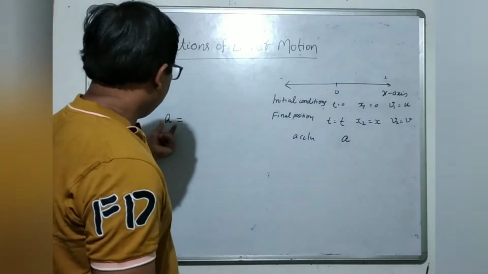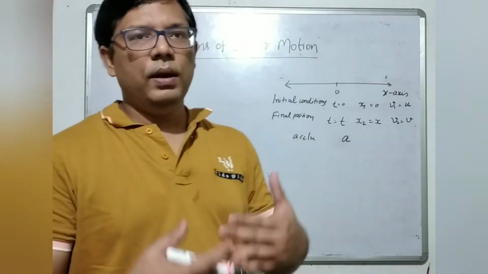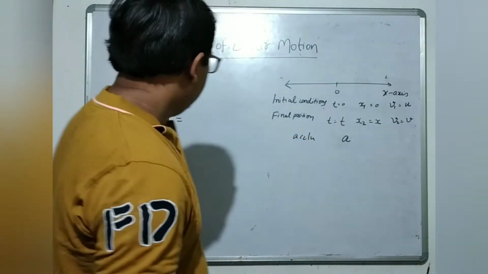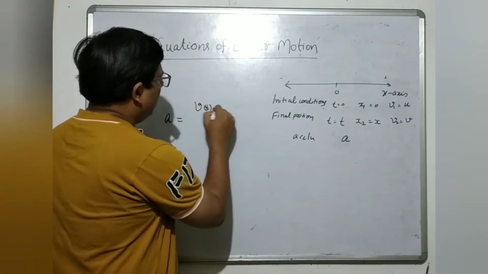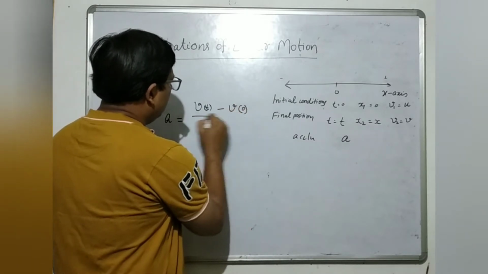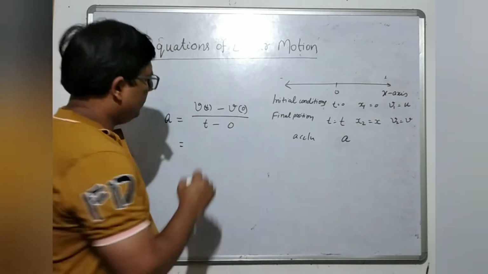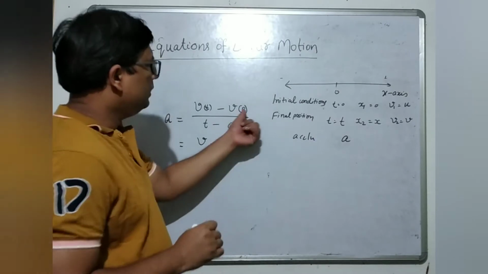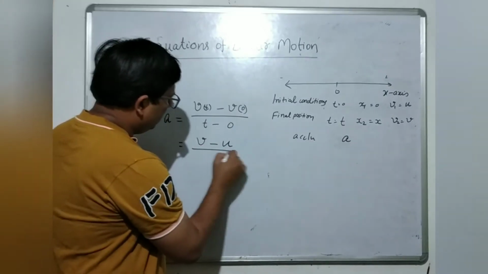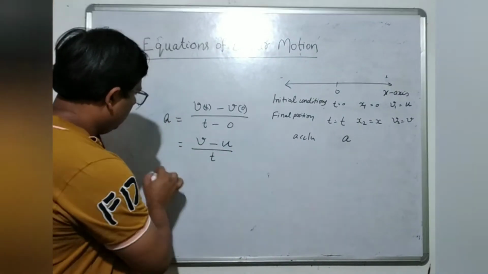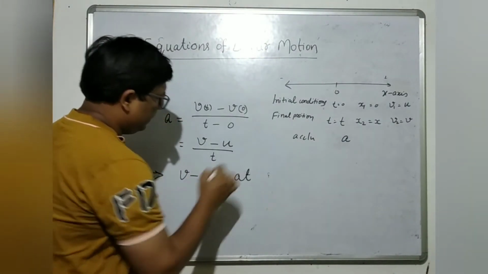Acceleration is change in velocity upon time: final velocity vt minus initial velocity, upon the time period. We have taken vt simply as v. The initial velocity is u, and t minus 0 is simply t. So this will give v minus u is equal to at.